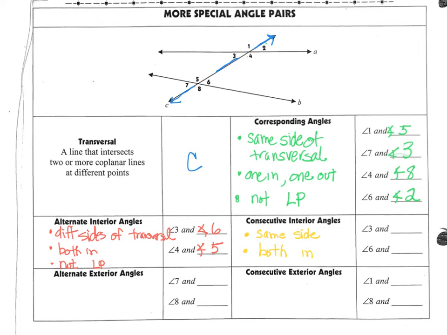And so if we look at angle 3, the consecutive interior angle would be angle 5. And if we look for angle 6, the consecutive interior angle would be angle 4.